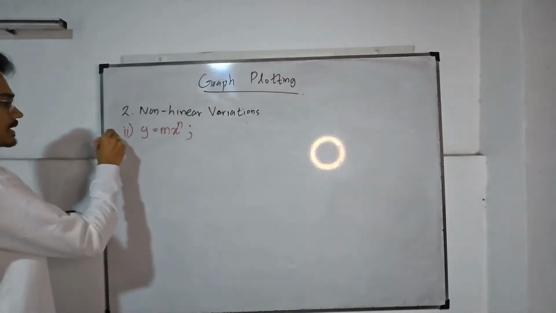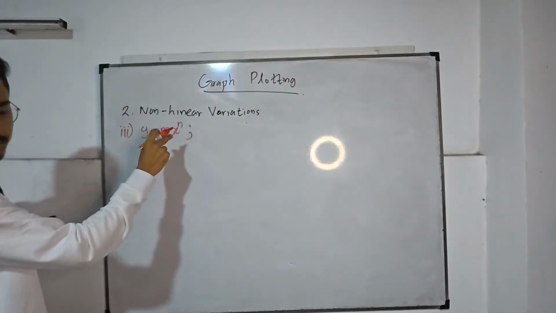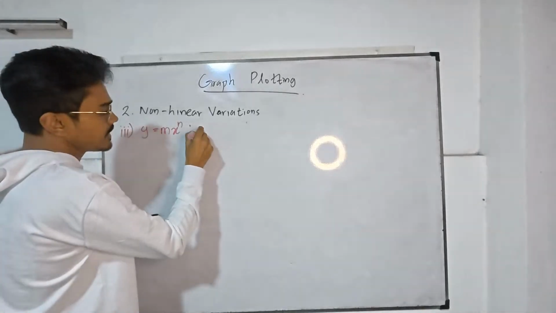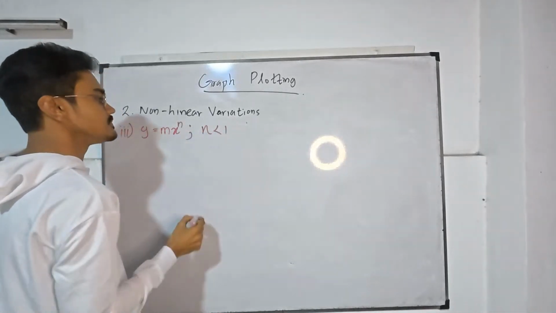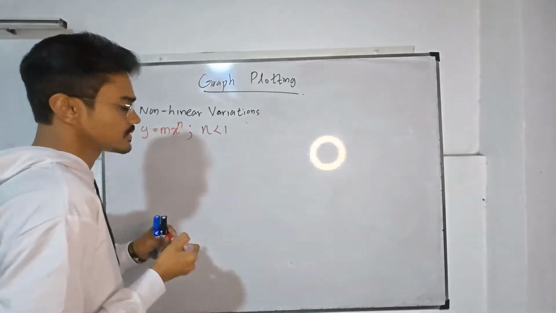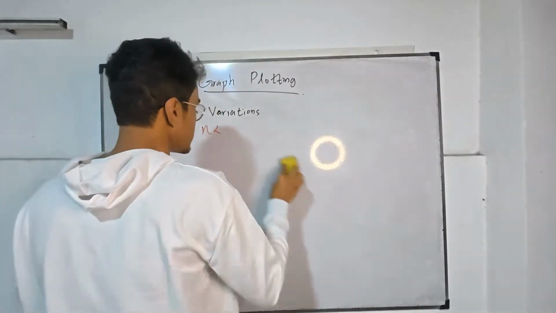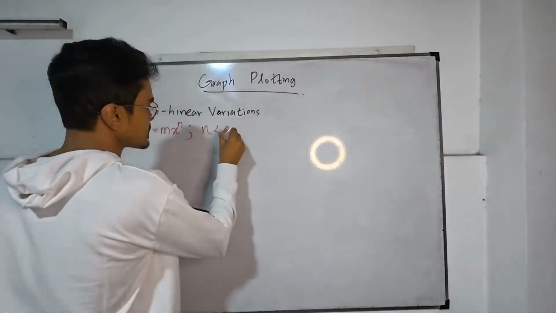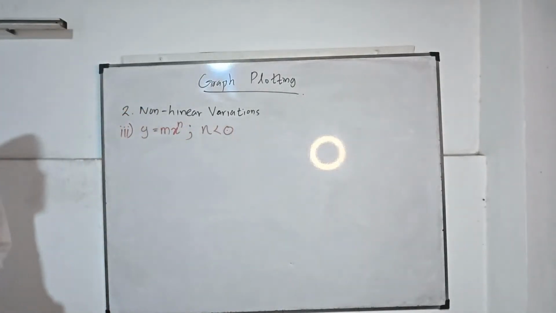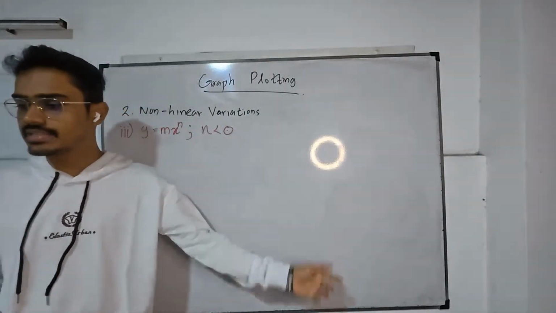Part 3, row number 3, y equals mx to the power n when n is less than 0.